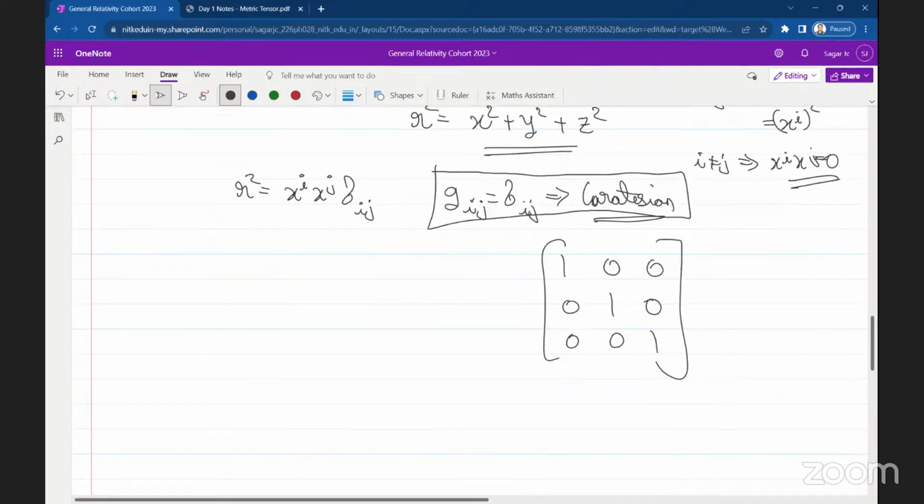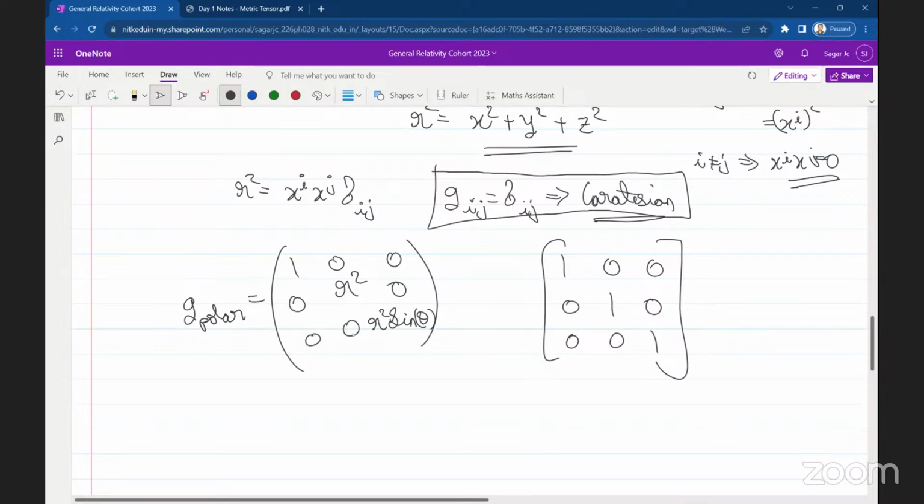For example, for polar coordinates, I think if you had solved the assignment, you will know that the metric tensor is 1, r square sine theta, and the other terms are 0. So this is the metric tensor for polar coordinates.